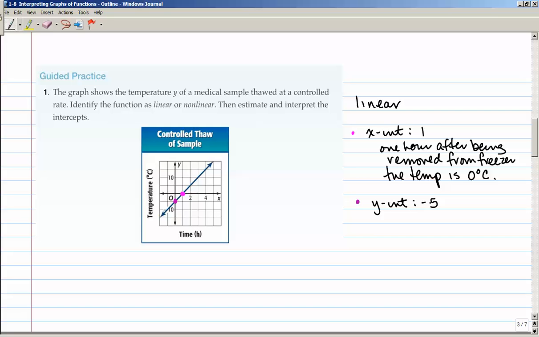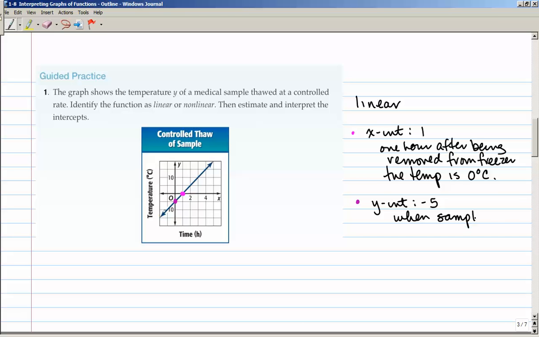Now let's see what that means. On the y-axis, when it's -5, that means the temperature is going to be -5 degrees Celsius. My x-coordinate at that point is 0, so that was when the time is 0. That means that when the sample was taken out of the freezer, its temperature was -5 degrees Celsius.